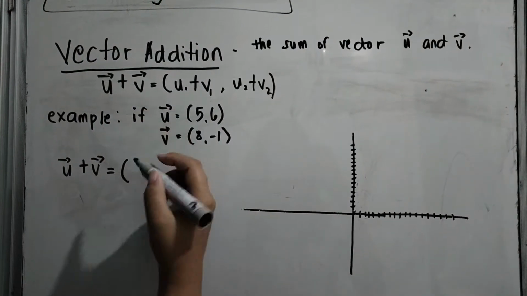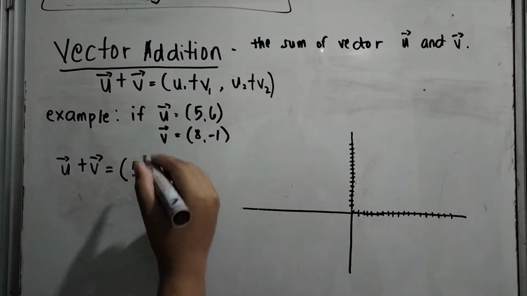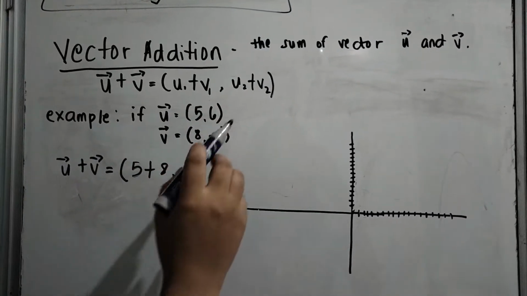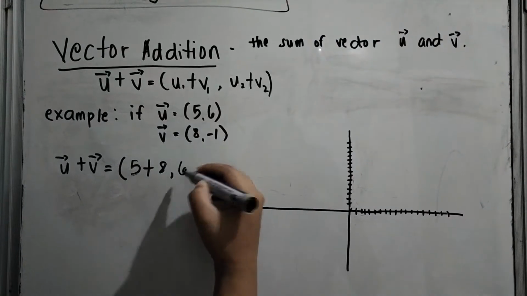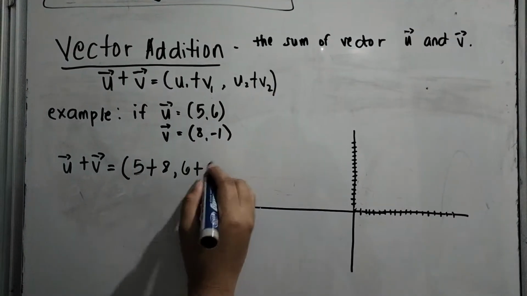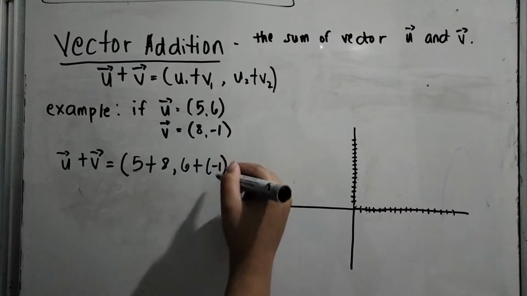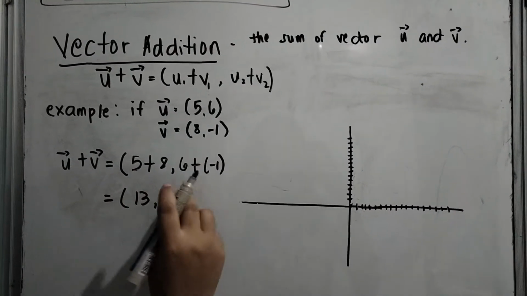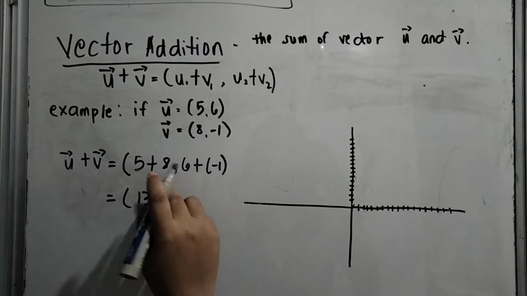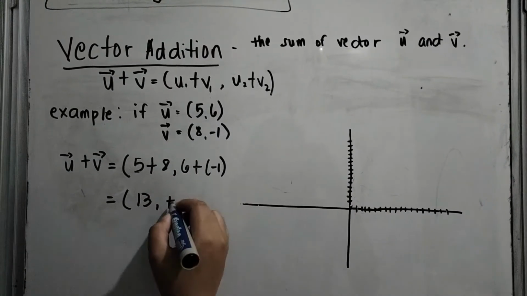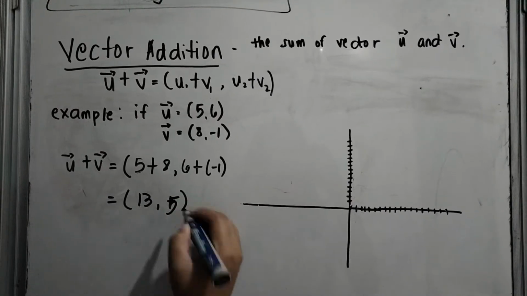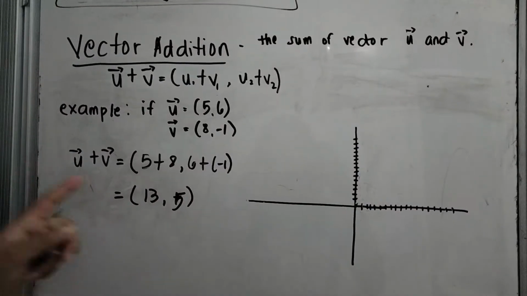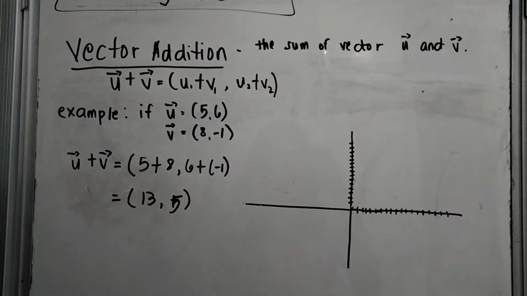So, yung u sub 1 natin is 5 plus yung v sub 1 natin is 8 and u sub 2 is 6 and plus v sub 2 is negative 1 equals to 5 plus 8, 13 and 6 plus negative 1 is positive 5. Yan. So, yung vectors of u plus vectors of v natin ay 13 and 5.